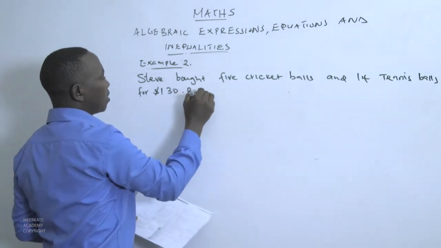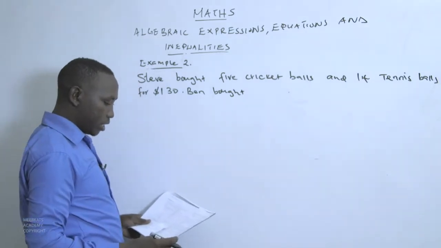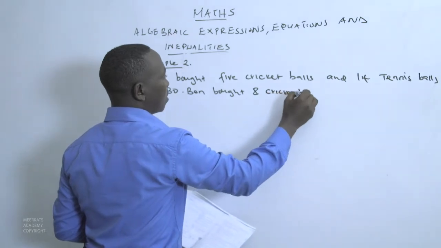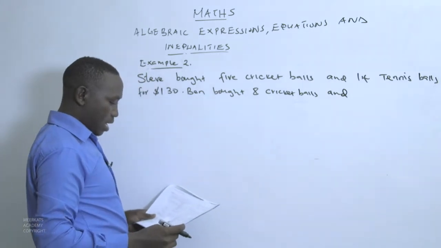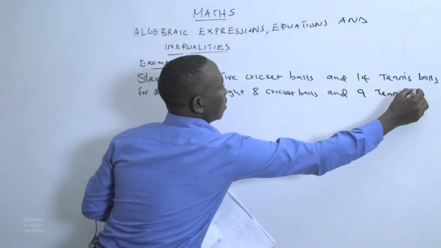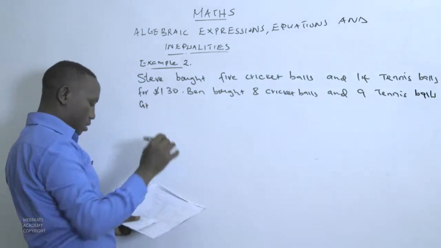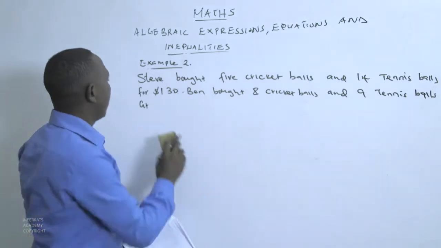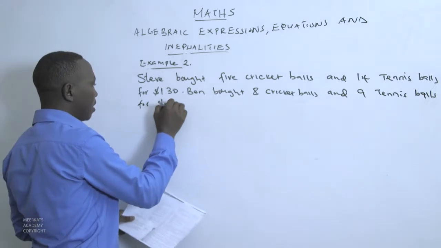Ben also bought 8 cricket balls and 9 tennis balls for $141.